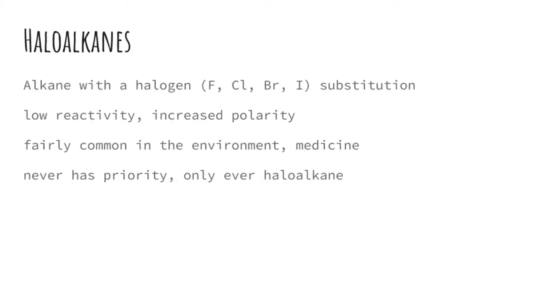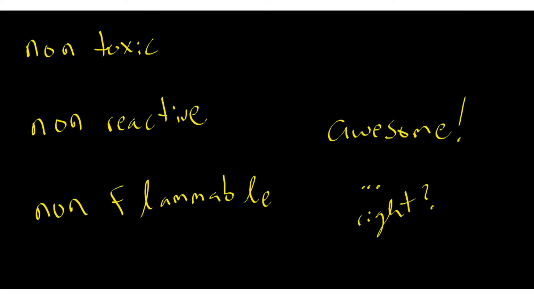First up, we have our haloalkanes, or alkyl halides, as they're sometimes called. This is just an alkane with one or more halogens, fluorine, chlorine, bromine, or iodine, substituted onto them. These guys have low reactivity. They used to be used as refrigerants and repellents.